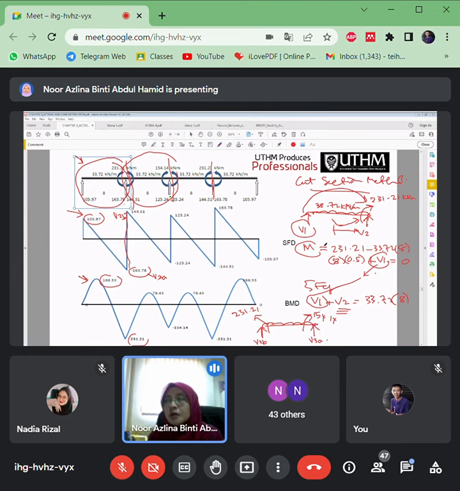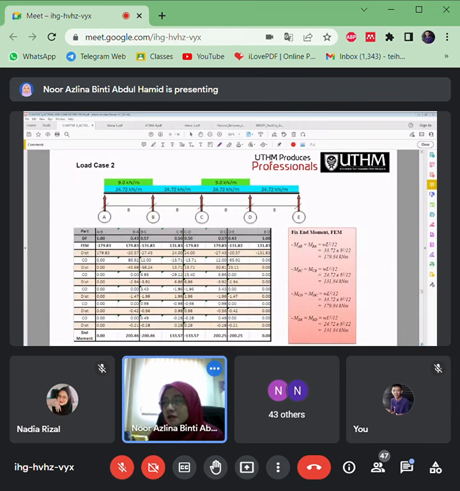So same again, get the moment, get the shear. So that's why V2B will be plotted at this point, and so on. Okay, so you need to repeat this calculation for the next case.